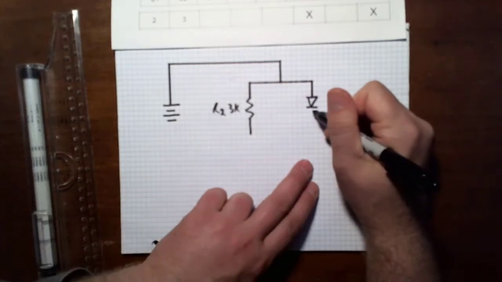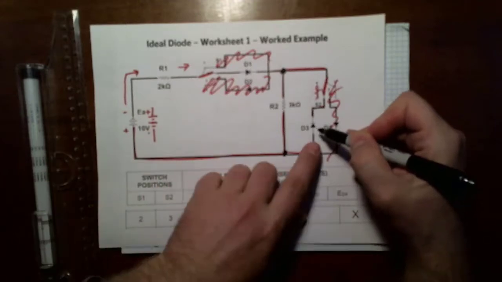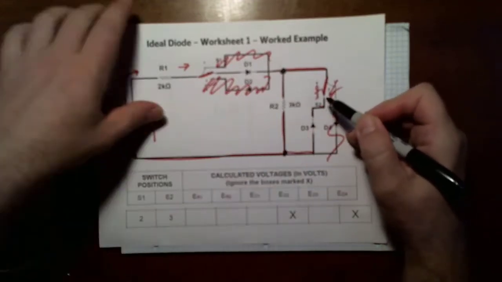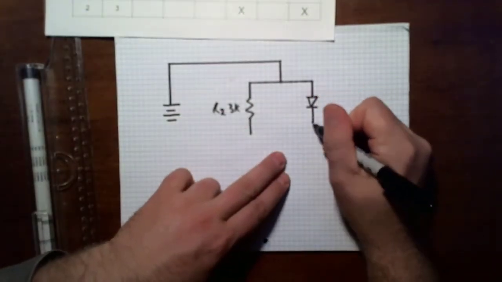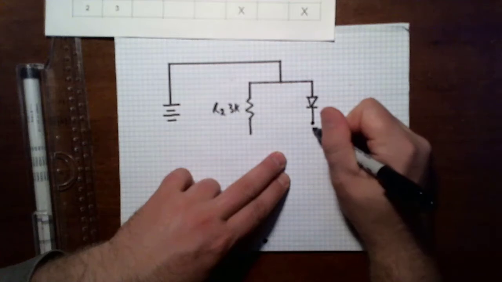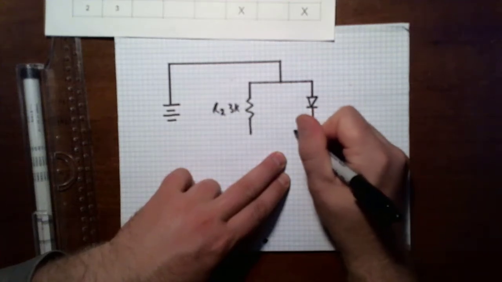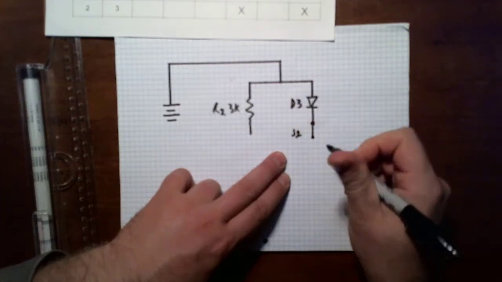That is in parallel. In playing my connect the dots game, my diode cathode connects to switch 2. So I'm going to draw switch 2 in as well. And in this case, it's closed. And this is diode 3.